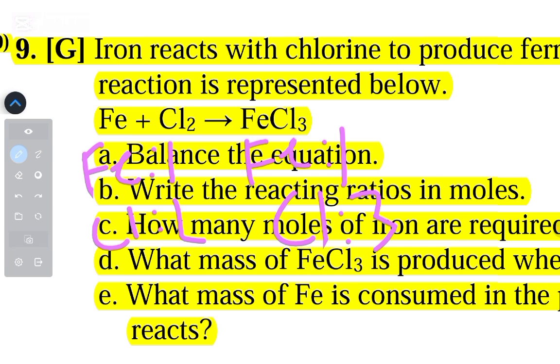So we need to balance the chlorine. We can make this 3 and here 2, so that's going to make this one 6 as well as this one 6. But then Fe over here becomes 2, so just make this one also 2. So 2Fe plus 3Cl2 gives you 2FeCl3. They're all balanced now.